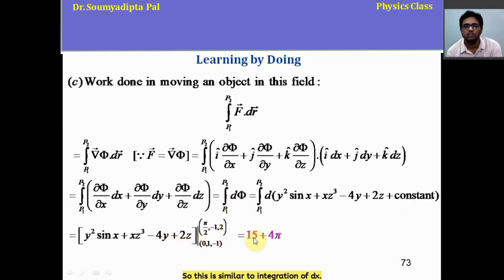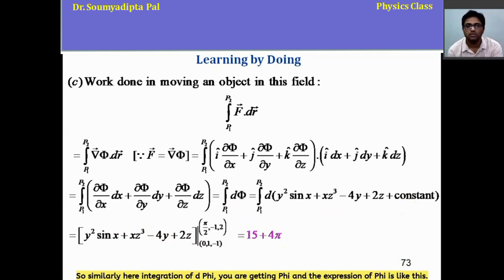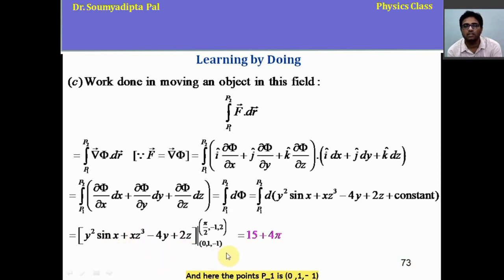So this is similar to the integration of dx, right? If you do the integration of dx, what will you get? You will get x. So similarly here, integrating d phi, you get phi, and the expression of phi is like this. And here the point P1 is (0, 1, −1), and P2 is (π/2, −1, 2).